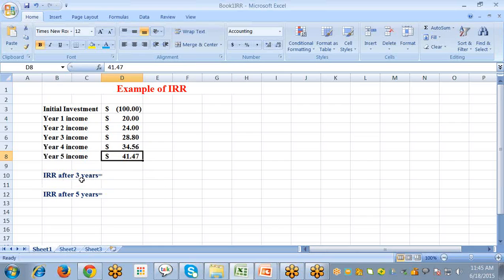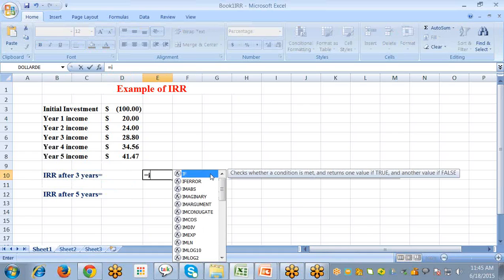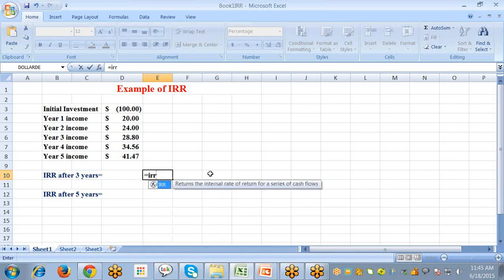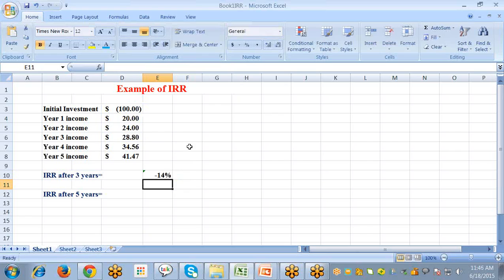Now, if we want to calculate the IRR after 3 years, then we just select the cell, type an equal sign, write the IRR function and pass the arguments. Because here we are calculating IRR for 3 years, I am passing the references from the initial investment to the third year incomes, D3 to D6, and then close the parenthesis and press enter.